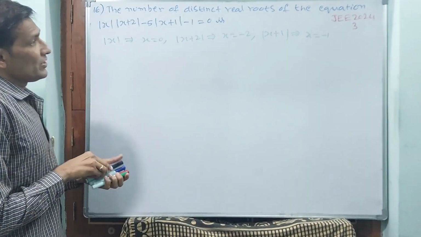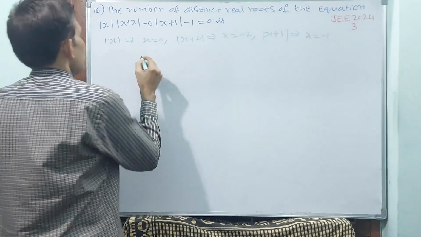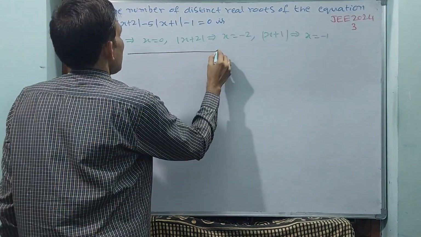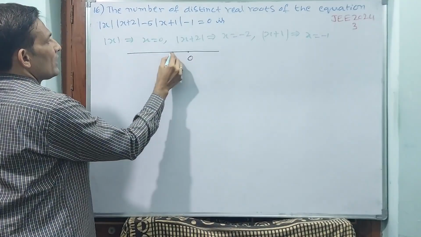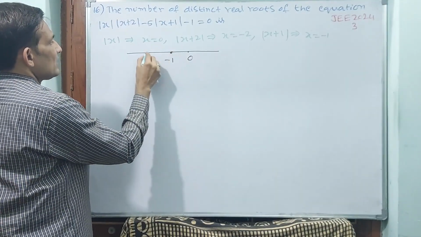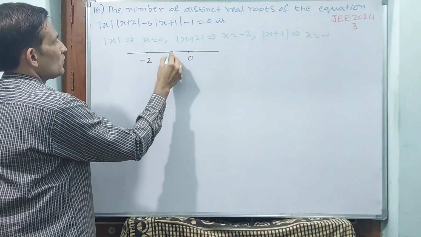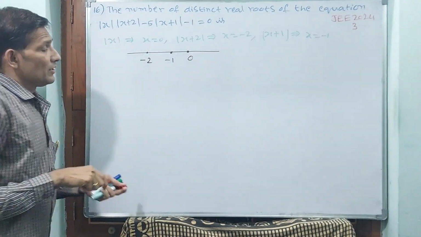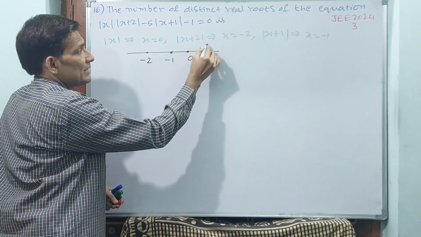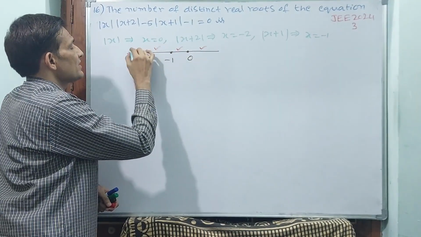Okay, see now what I am doing, I am taking one line, say this is 0 and this is minus 1 and this is minus 2. Now see, 4 areas we will tackle. This area we will tackle, this area, this area, this area.